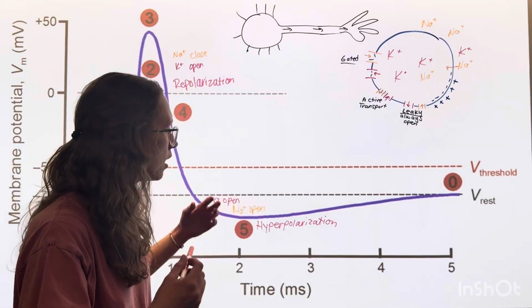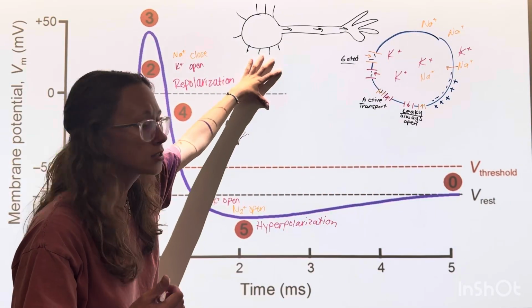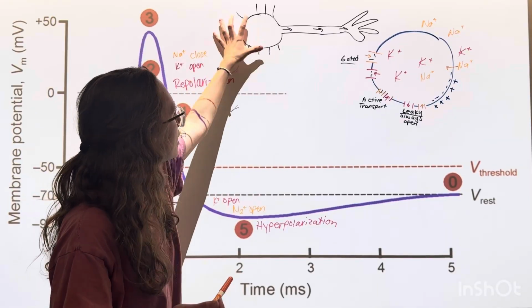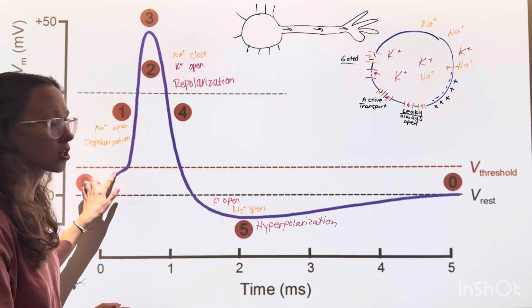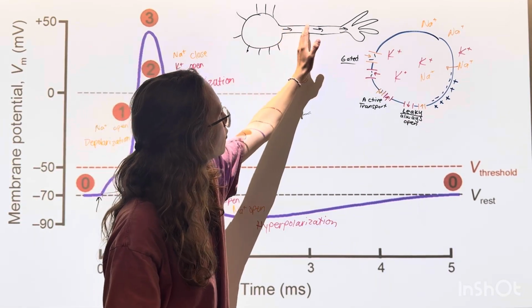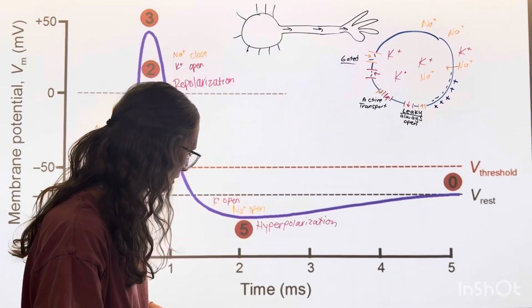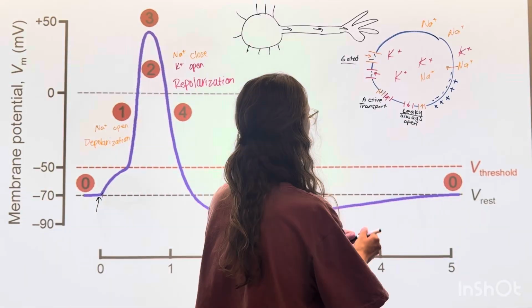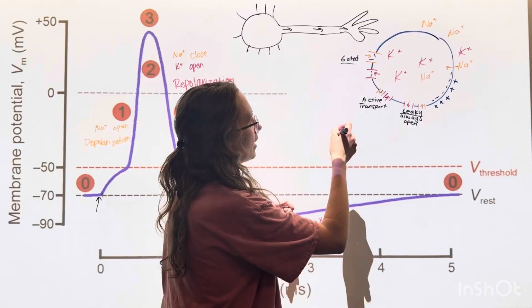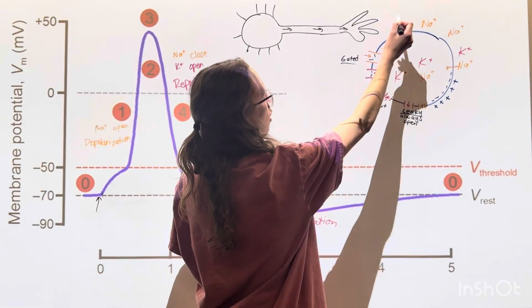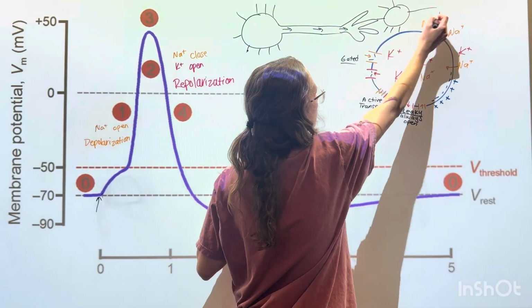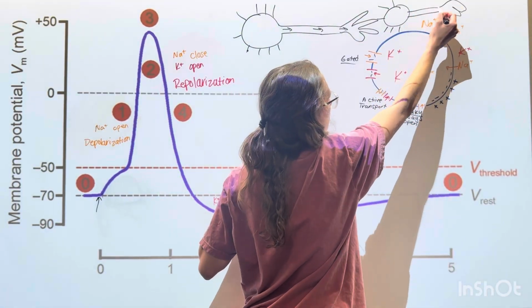Just applying it onto the neuron here, what's happening? Dendrites and cell body is where the graded potential is occurring. Once it passes this axon hillock, we have that full action potential occurring. And that action potential will reach the synaptic terminals here of the neuron. And if it's communicating with another neuron, it's going to communicate with the dendrites of the next neuron.